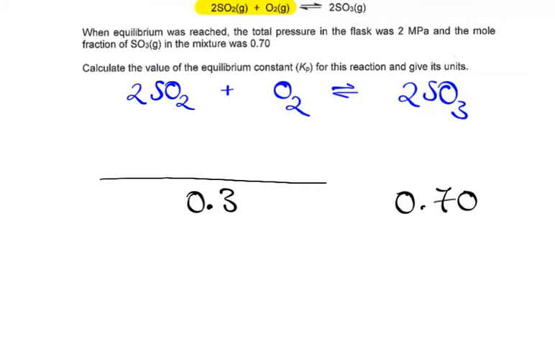Now we know that they're reacting in a 2-to-1 ratio, so 2/3 of that will be the SO2 and just 1/3 of that will be the oxygen. So those are our mole fractions.